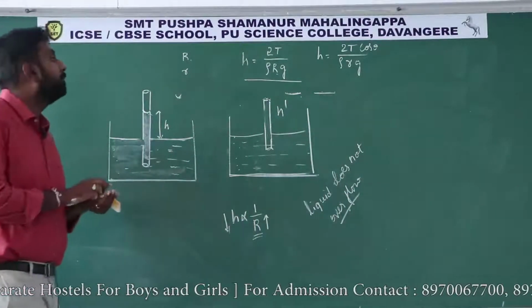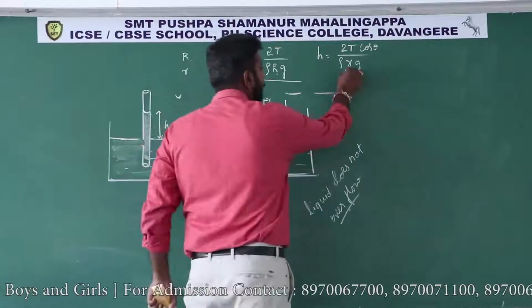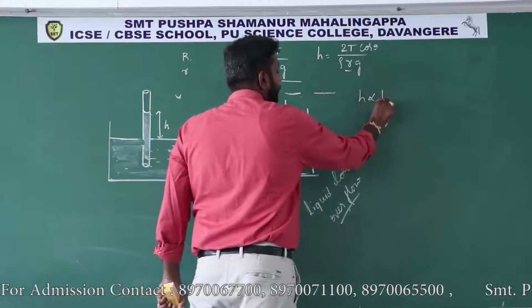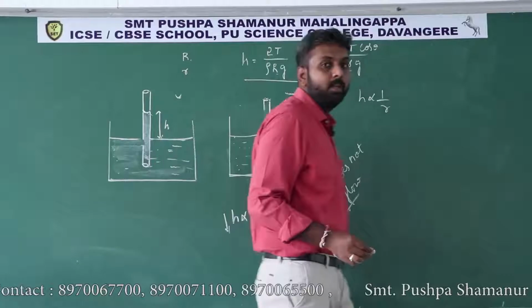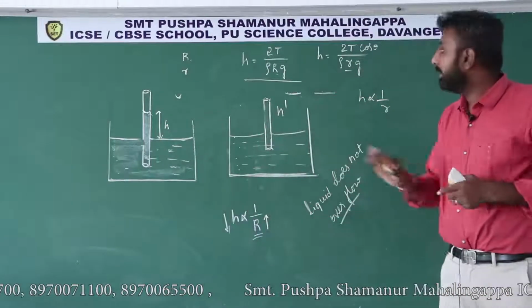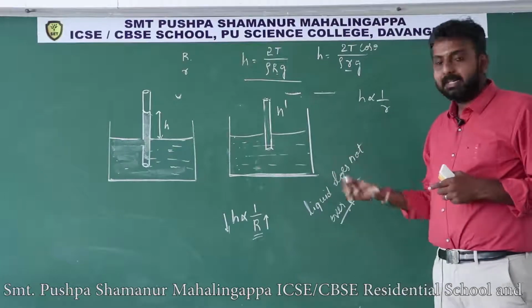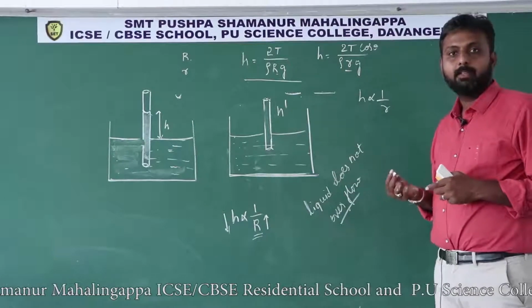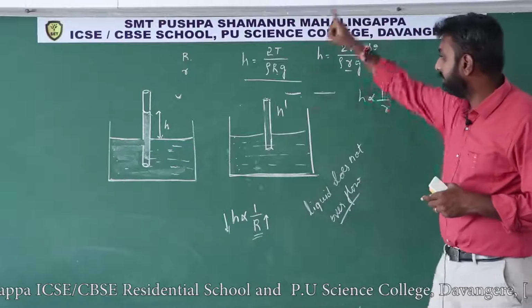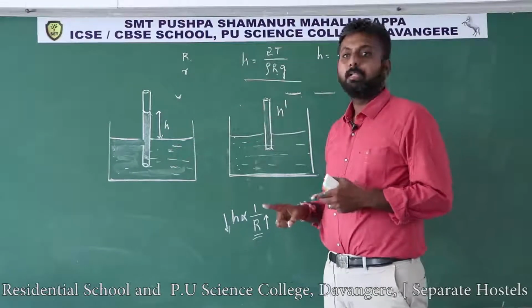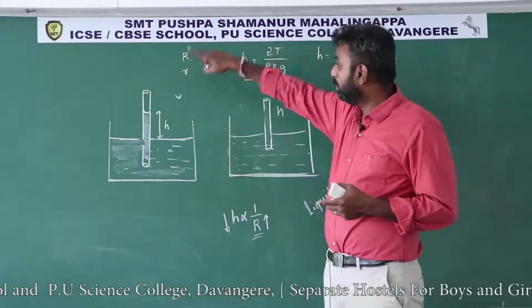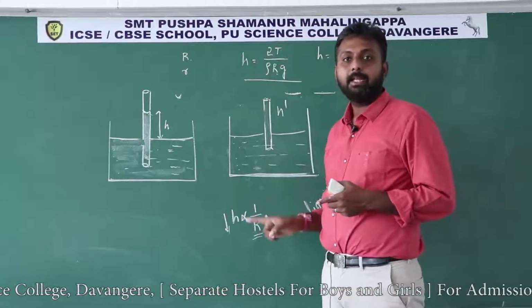And in the other formula, H is inversely proportional to small r. What does it mean? Small r is nothing but the radius of the capillary tube, right? If the radius of the capillary tube is less, then the height of the liquid column will be more. The liquid rises to more height in the capillary tube.